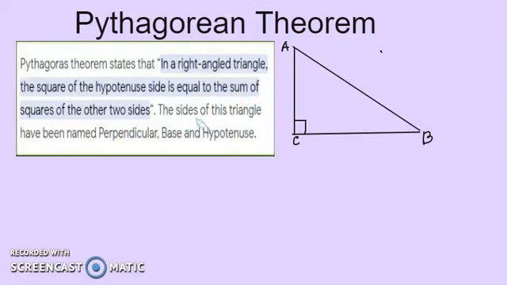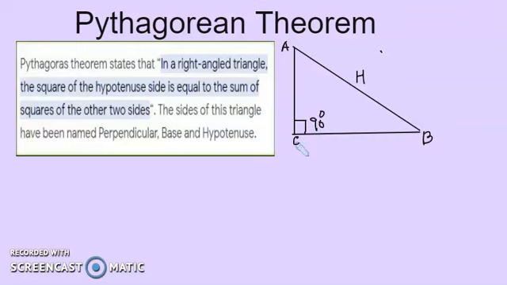The sides of the triangle have been named perpendicular, base and hypotenuse. So you know AB here, which faces 90 degrees, the right angle, is the longest side and it is hypotenuse, whereas other two sides are perpendicular and base.